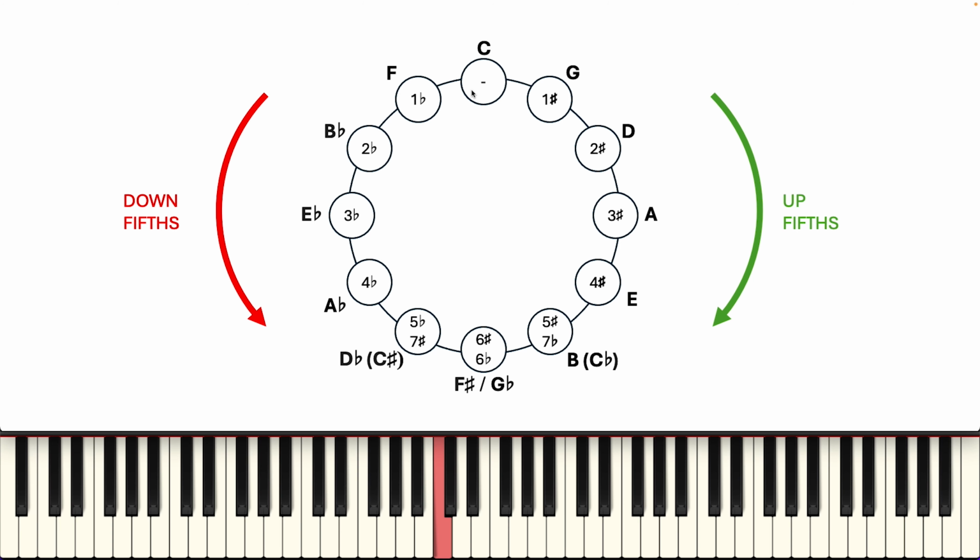So from C, we went down a fifth, C goes down to F, we added 1 flat. We go down a fifth, it's B flat. We go down a fifth, it's E flat. That's 3 flats. We go down to A flat major, that's 4 flats.